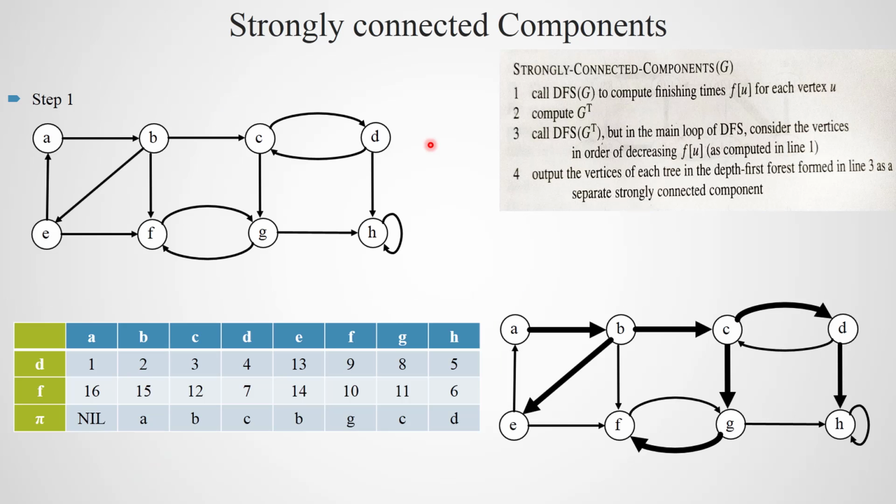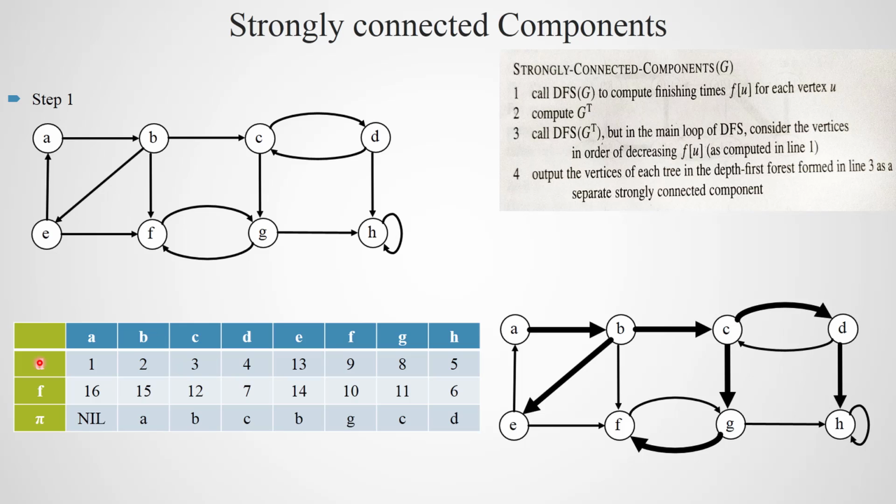Okay, next is the algorithm to find strongly connected components. Step 1 is to call DFS of G to compute the finishing time f of u for each vertex u. We already discussed depth first search. So here this is our input graph. Here I applied depth first search and calculated the finishing times also.